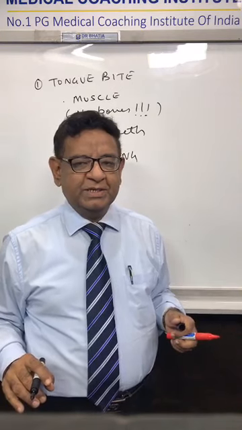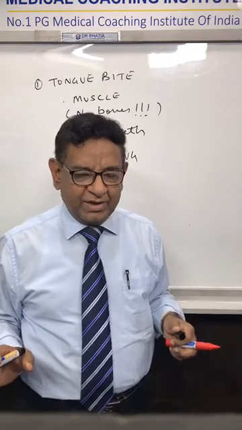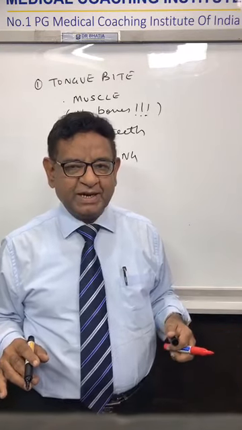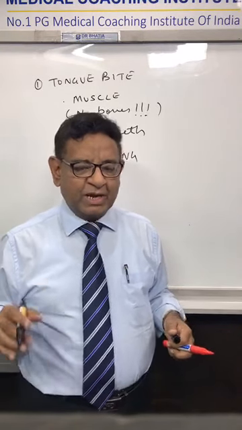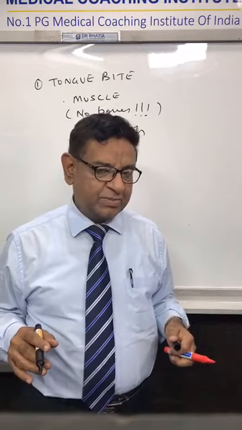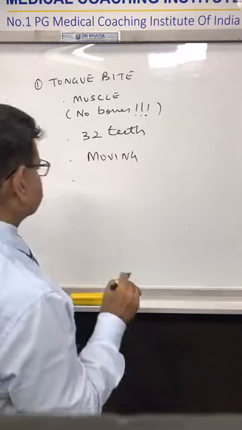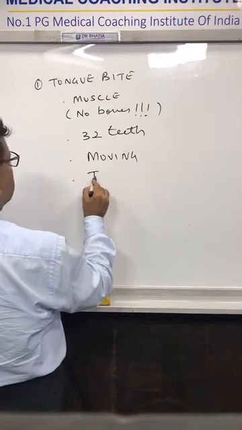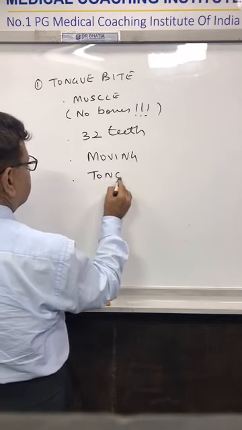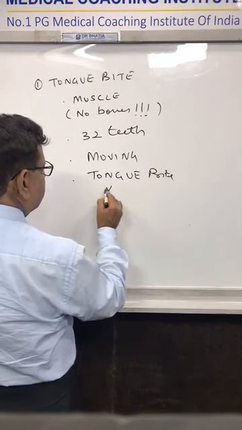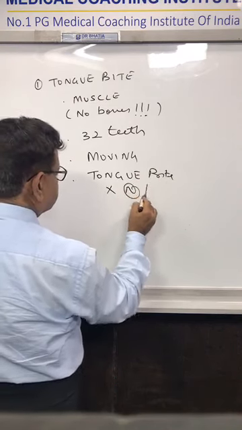You may never have noticed this till now, but now you'll appreciate it. Like you talk, I talk, the tongue is moving and surrounded by 32 teeth, but tongue bite does not occur in a normal person.